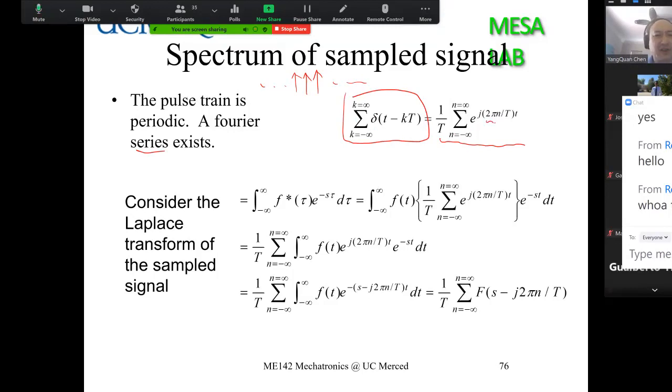So this is a cosine, sine. Do you still remember? e to the j theta is cosine theta plus j sine theta. So you can write in this exponential form, and you can get this out. n is moving from minus infinity to positive infinity. So 2 pi divided by T is actually omega, okay?